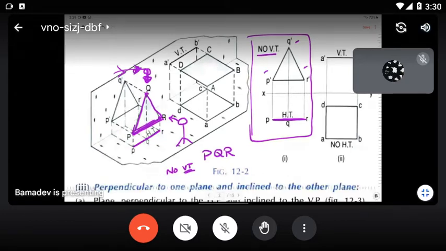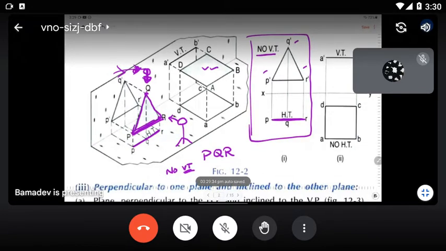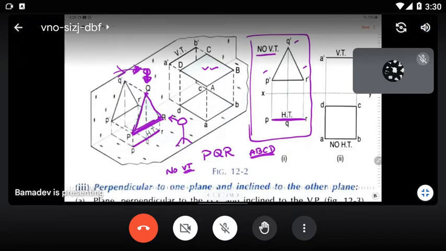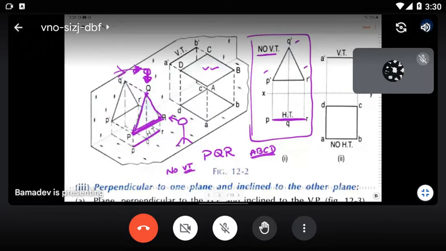In the second case here, you see the square ABCD. What is its relative position? It is perpendicular to which plane? It is perpendicular to the vertical plane and parallel with the horizontal plane.